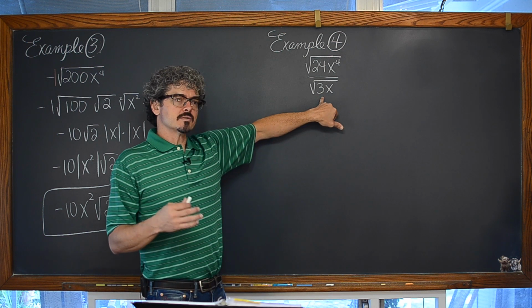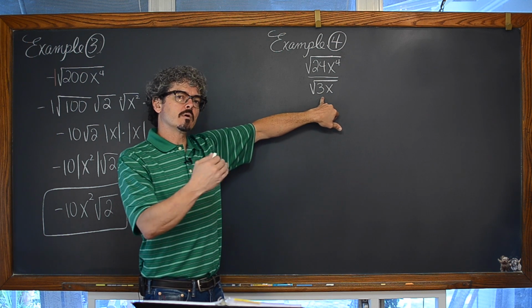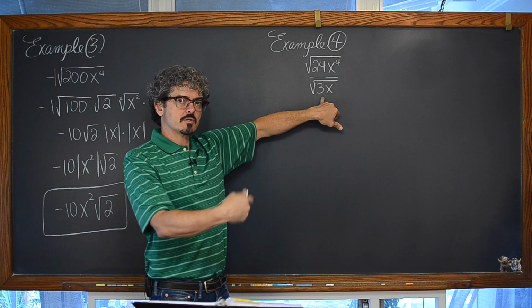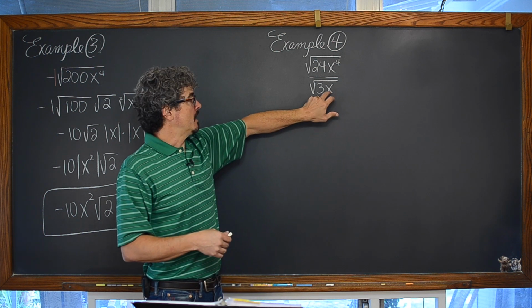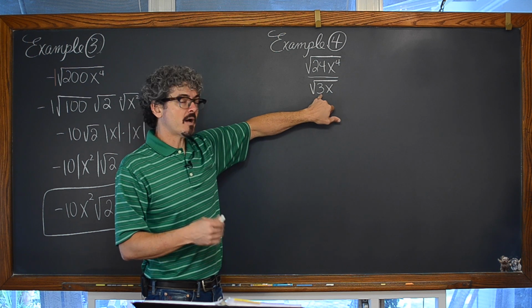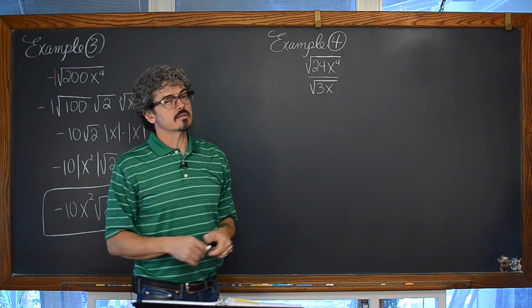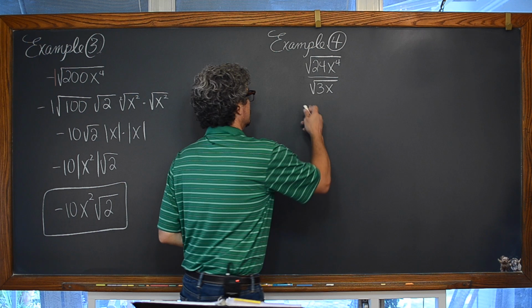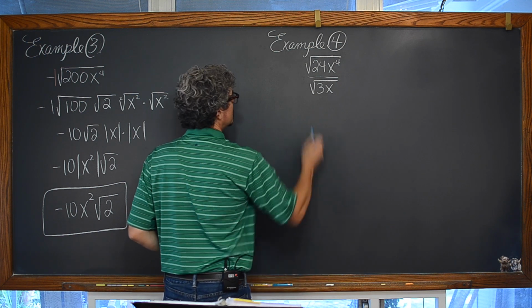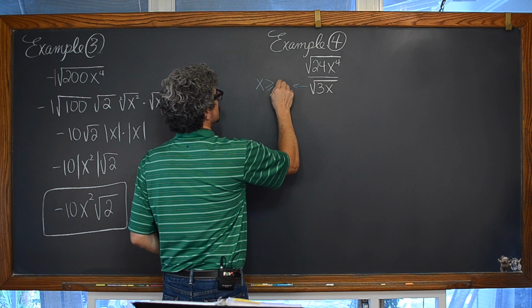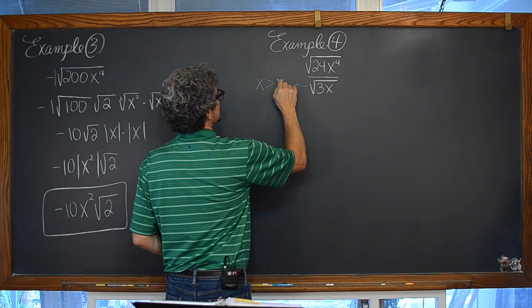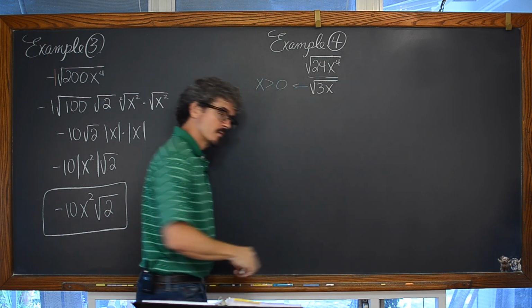Well, for me to write this, and understanding that we're only working with radicals or square roots that are going to give us real solutions or real values as an answer, this x times positive 3 that's inside the square root is implying from here that x is greater than or equal to, actually not equal to 0 because you can't divide by 0, but x is greater than 0.